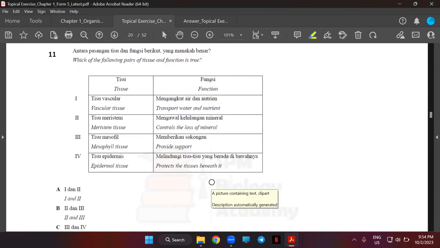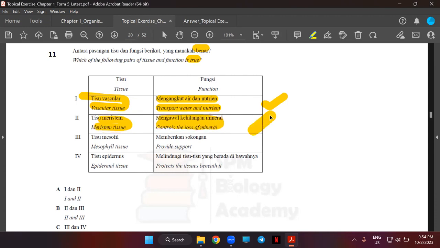Antara pasangan tisu dan fungsi berikut, yang manakah benar? So, which of the following pair of tissue and function is true? Vascular tissue, tisu vaskular, mengangkut air dan nutrien, transport water and nutrient, betul. Meristem tissue mengawal kehilangan mineral, control the loss of mineral, no. Meristem tissue for growth, bukan untuk loss of mineral.